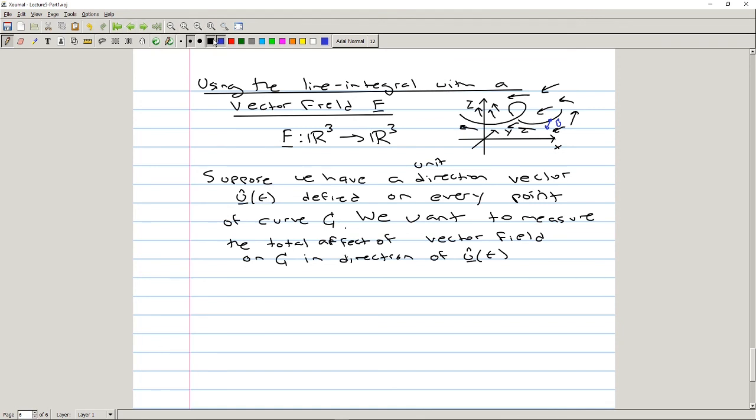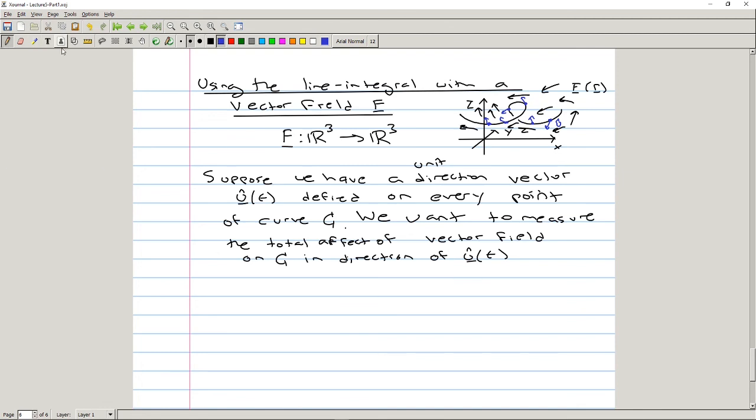The black vectors here are the F at r, and the blue vectors here are some vector u hat, which could change. It could point in a different direction at any given point along this curve.